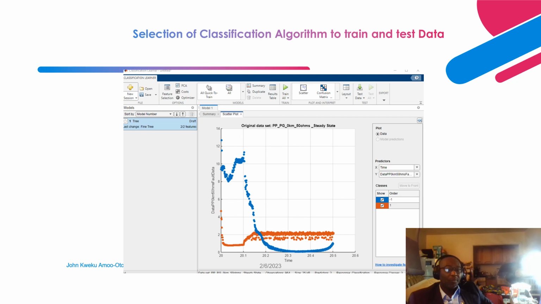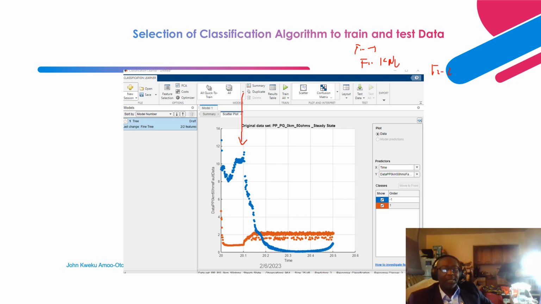There's a drop-down window over here, right? Once you select this drop-down window, you'll see all the algorithms that I indicated. Fine decision tree. Even the fine decision tree is broken down into different algorithms, right? Then fine KNN, we have different algorithms under that. Then fine Gaussian support vector machines. Under that too, if you select this drop-down, you see many that you have.